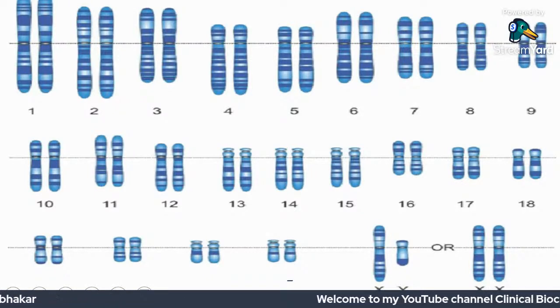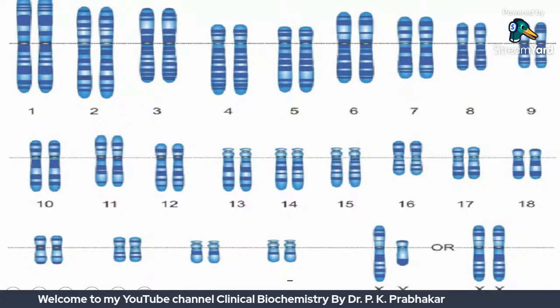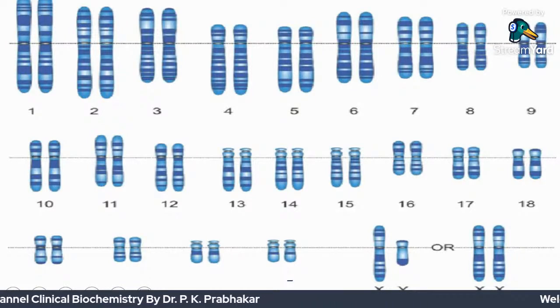Here we have 46 chromosomes: 22 pairs, and then XX or XY depending on male or female. Each chromosome differs in size, shape and genetic constitution. Some chromosomes are larger and have a huge amount of genes and genetic material, while some are smaller and have fewer genes.